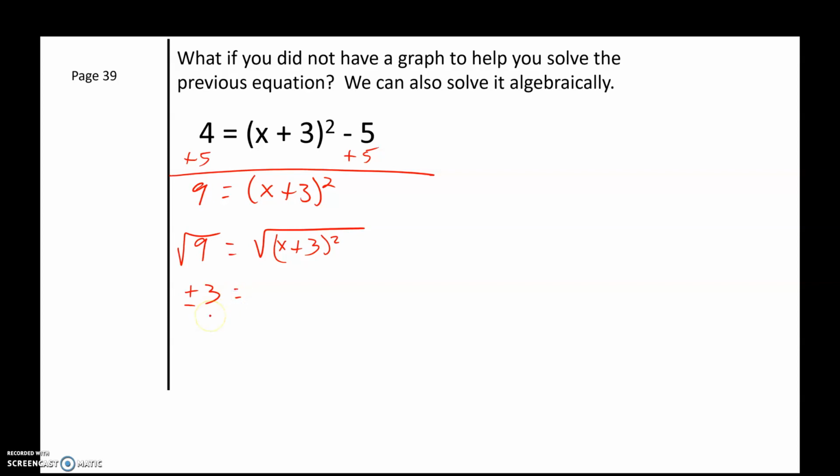So square root of 9 is going to be a plus and -3. This right side, the square root cancels the squared. So square roots cancel squares, exponents.